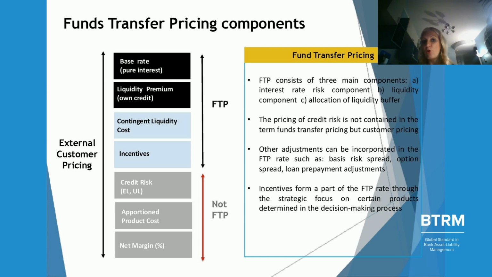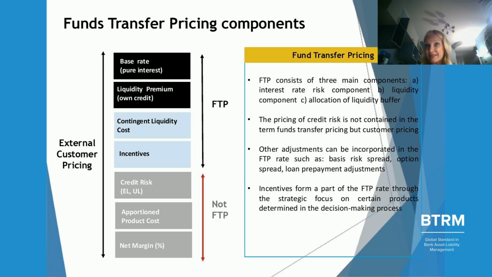And then there is the whole portion of not FTP. So we have the credit risk, net margin, and product cost, because the origination of the product has its own cost, so it has to be included.